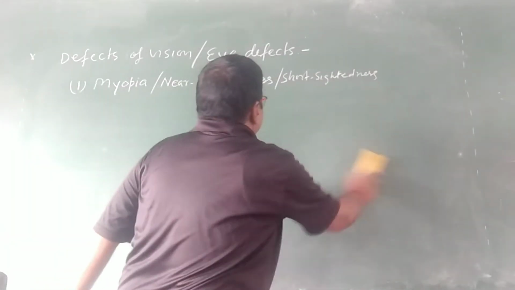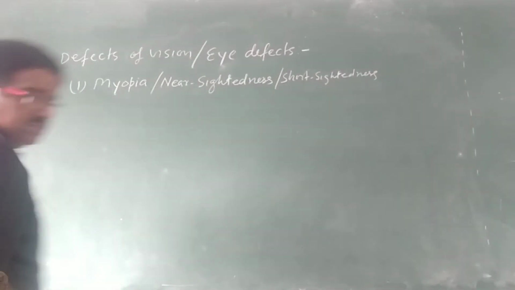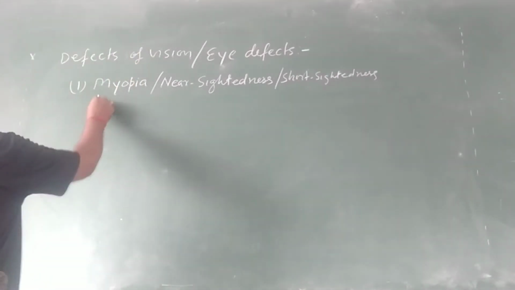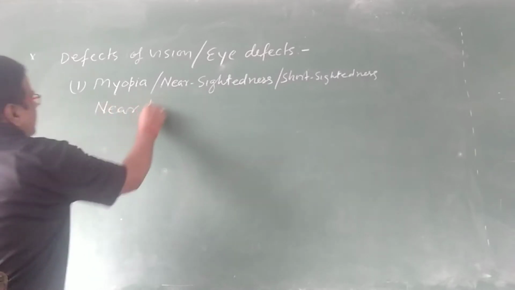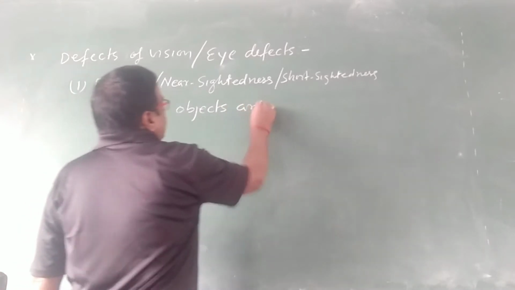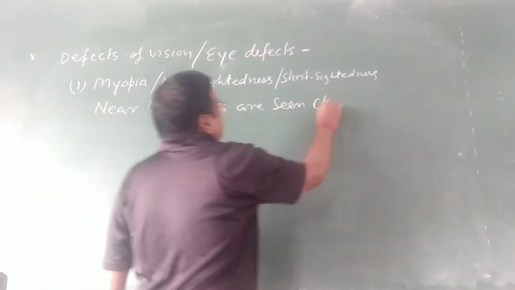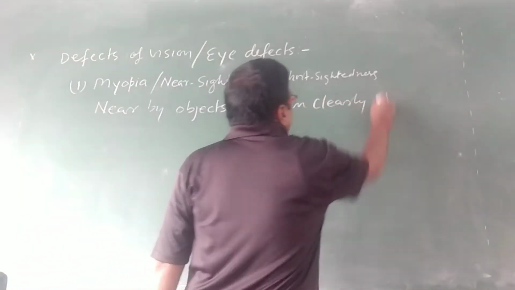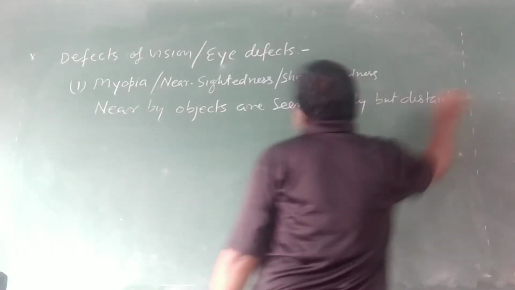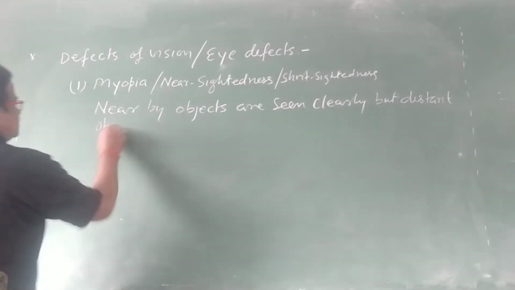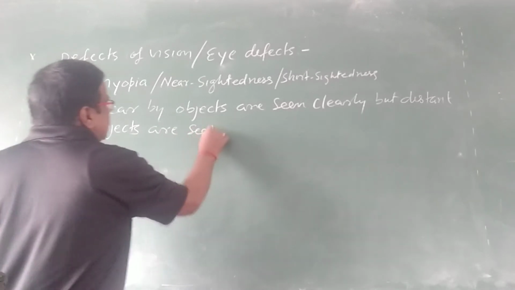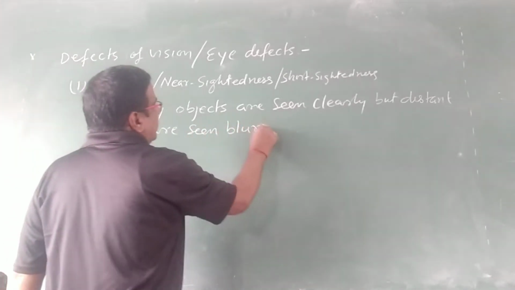What is the cause? Why is this defect occurring? First of all, nearby objects are seen clearly, but distant objects are seen blurred.